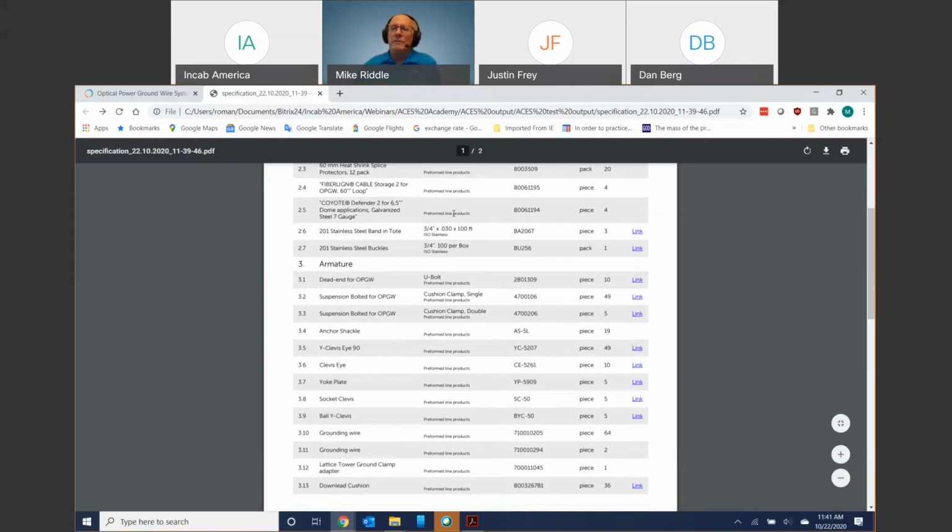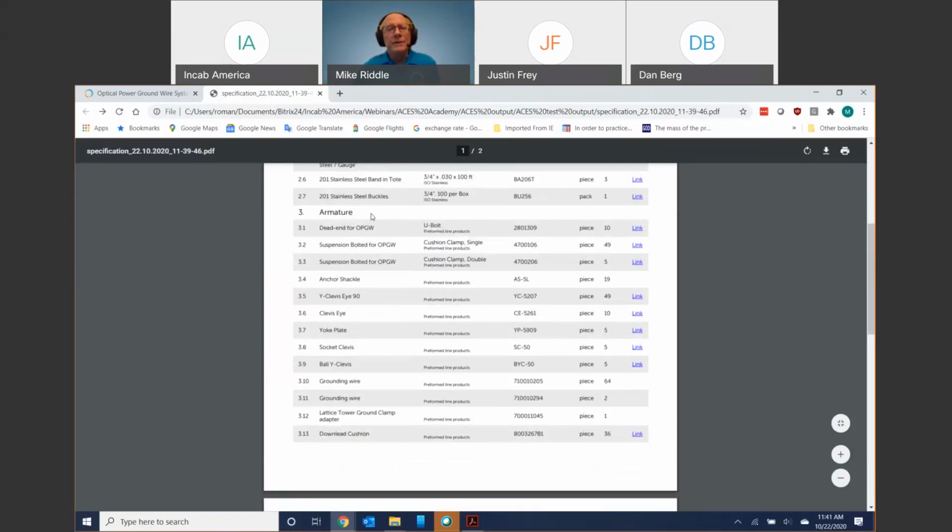Yeah, I mean, once you're at this point, you're in control. Because of the tower type, it's telling you how much banding material that you need. So the band itself, as well as the buckle that goes with it.